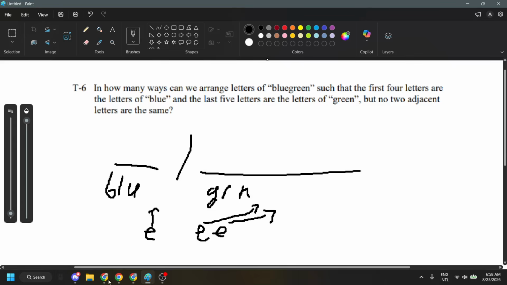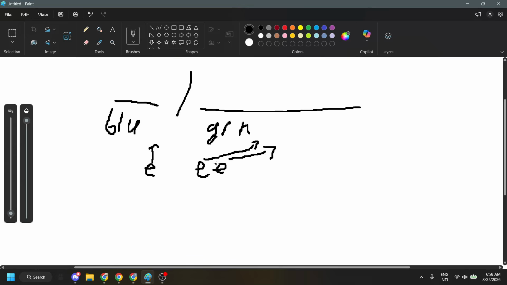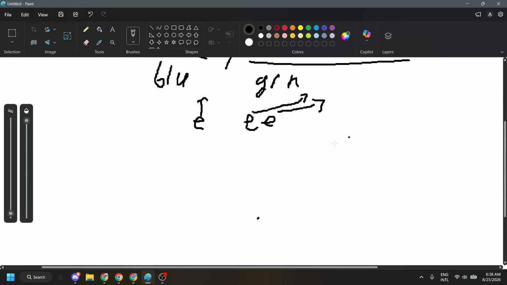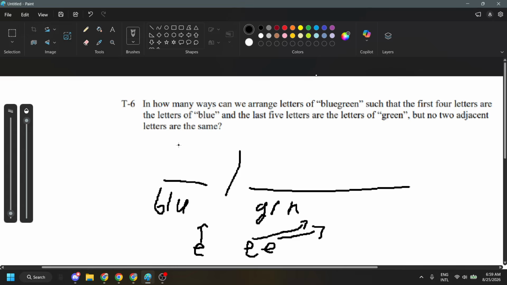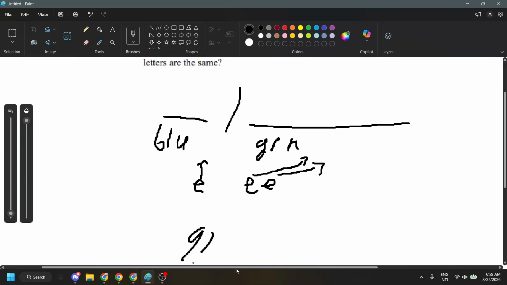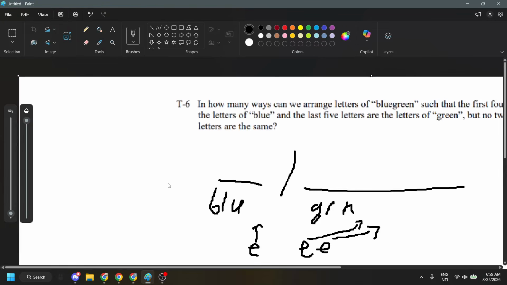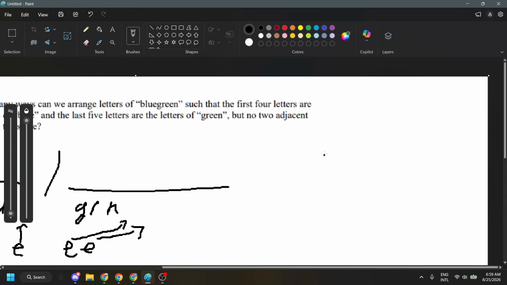So we know if there are 1, 2, 3, 4, 1, 2, 3, 4, 5, so there are 9, then there are 9 factorial ways to arrange the letters. But I think we need to divide by 3 factorial. Because let's say we have 3 things, but it's going to be circle, circle, line.